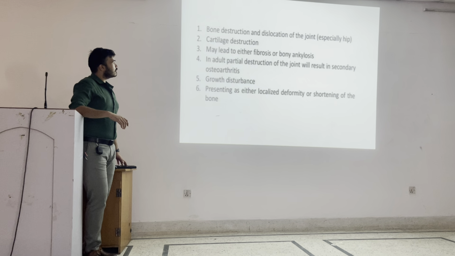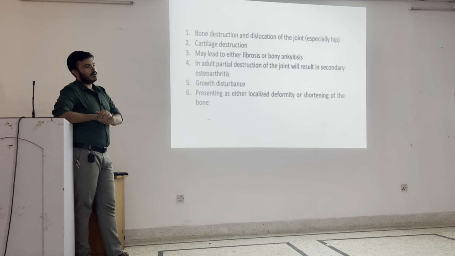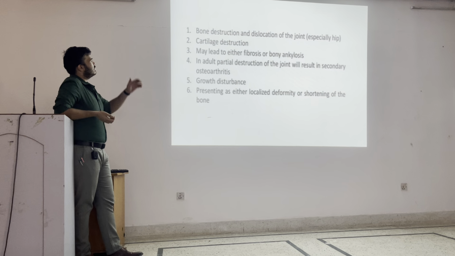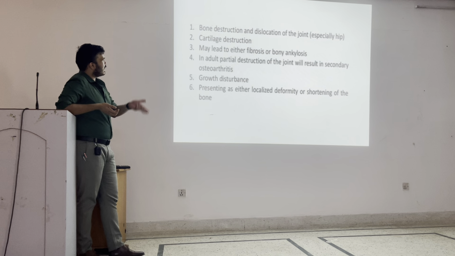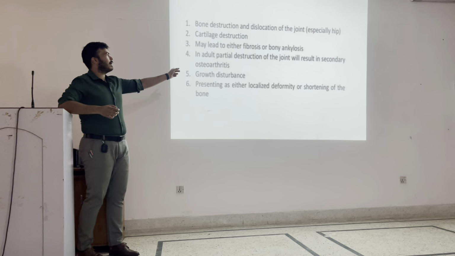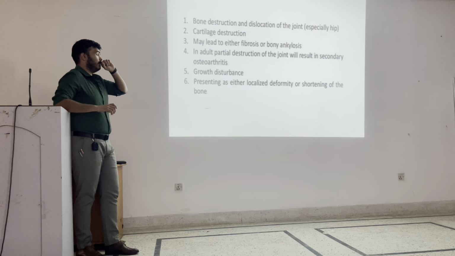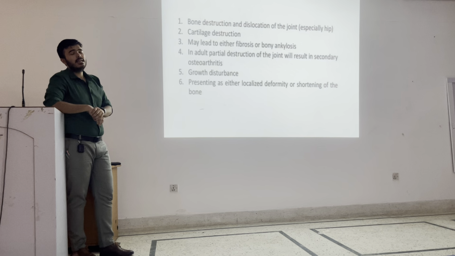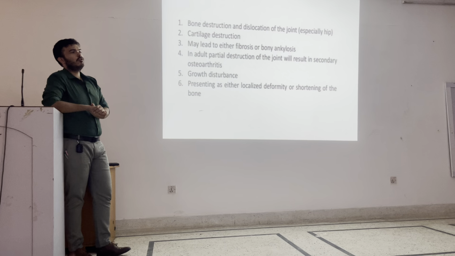Of course I told you about the different sequelae of this disease if not treated. It can lead to bone destruction of the joint, ankylosis, cartilaginous destruction, fibrosis. The major one is fibrous ankylosis in the case of septic arthritis, but bony ankylosis in the case of TB spine and other conditions like rheumatoid arthritis.